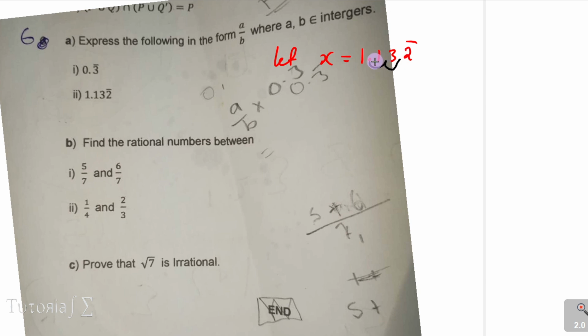For the decimal point to move to just before the bar term, we would have to multiply both sides by 100, because we have 1, 2. So we have 100x equal to 113.2 bar. So that is your equation 1.